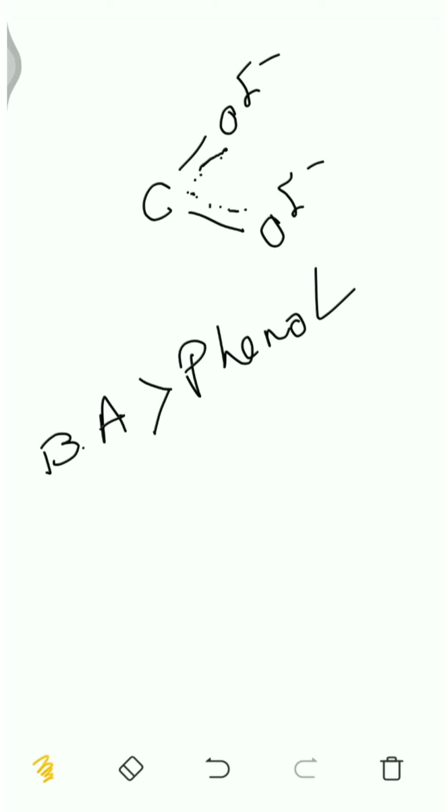So from there we can conclude that benzoic acid or aromatic acid is more acidic than phenol, and the total acidity basically depends upon the two resonating structures, in which the negative charge develops over the oxygen. Thank you.